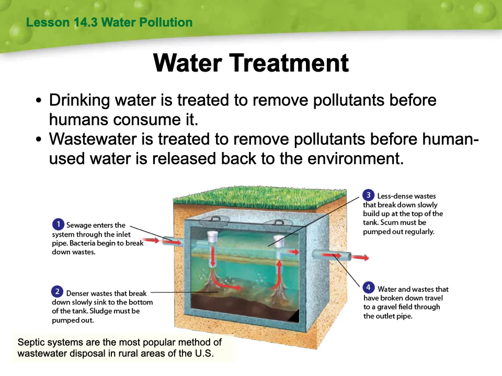So those microorganisms and other biological waste products will be attached to the rock, and then that clean water will eventually flow into those areas. So again, this is a septic system, and it's one of the most popular methods of wastewater disposal in rural areas.